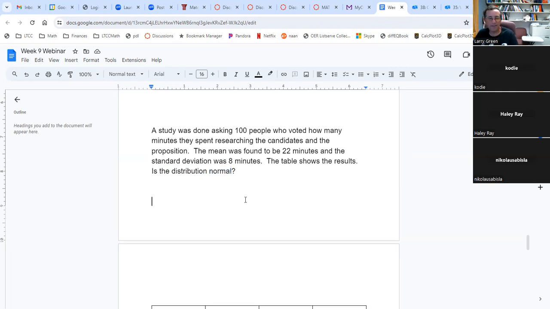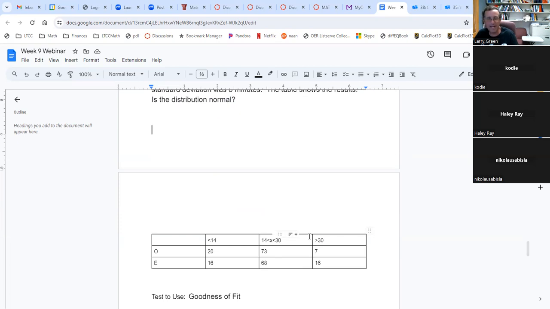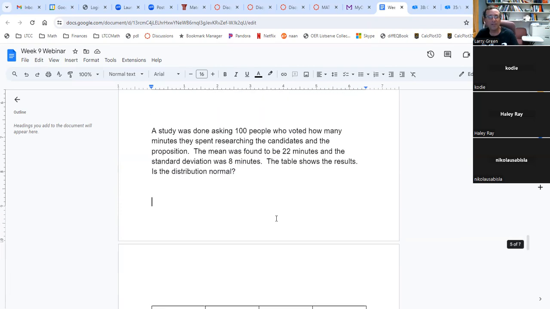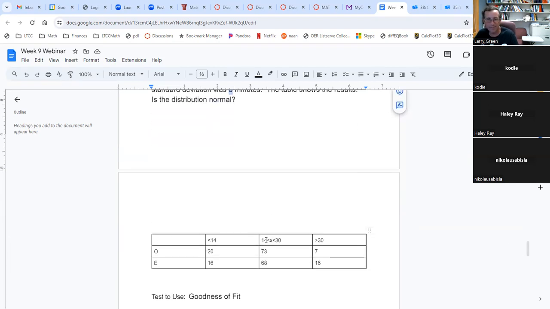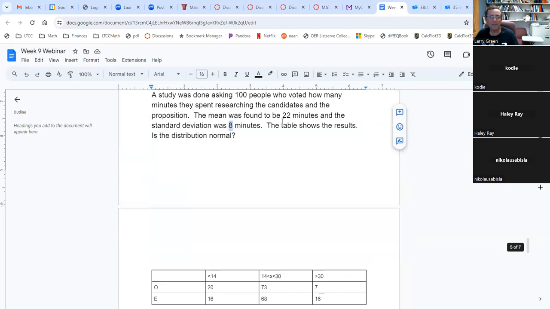Because of that, what we're going to do is the following. The mean was 22. The standard deviation is 8. So we're going to use the empirical rule, basically. If you take 22 and subtract 8, you get 14. If you take 22 and add 8, you get 30.